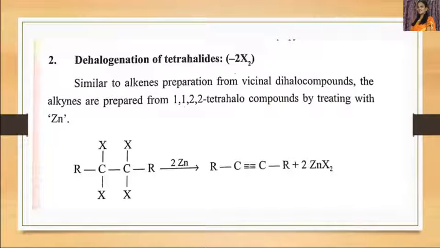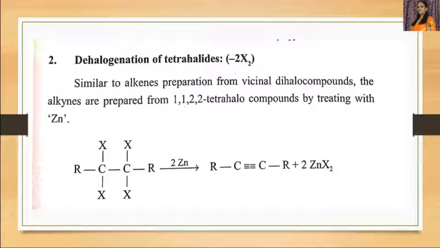So here let's see a tetrahalide. On adjacent carbon atoms, each carbon has two halogen atoms. You can see here this carbon has two halogens, and this carbon has two halogens. So altogether four halogen atoms are present on two adjacent carbon atoms. When this tetrahalide is subjected to dehalogenation with alcoholic zinc dust, what happens?